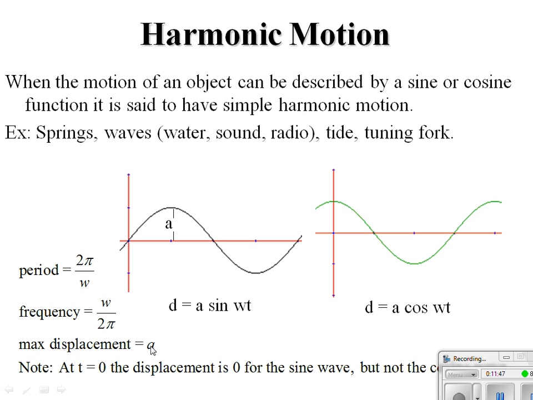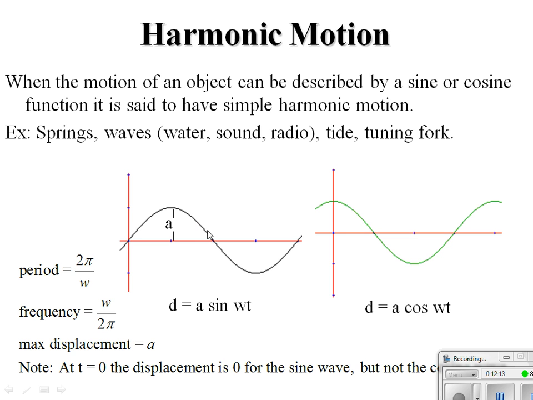Maximum displacement is basically my amplitude. So if you think of my sine wave that I have graphed here first, the distance from the x-axis is getting bigger and then getting smaller and then 0 and then getting smaller and then bigger. So it's oscillating up and down and up and down. So if I'm looking at the displacement of my object, it's getting displaced as it moves away from the x-axis.